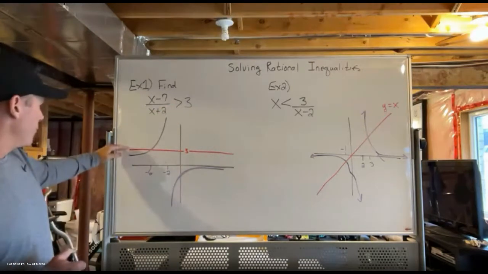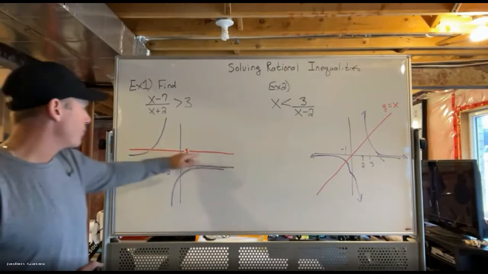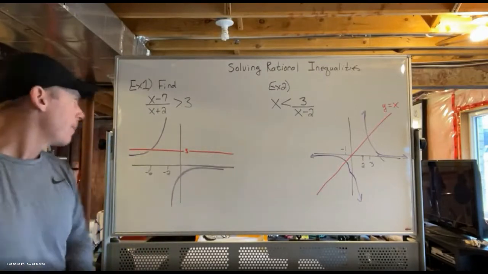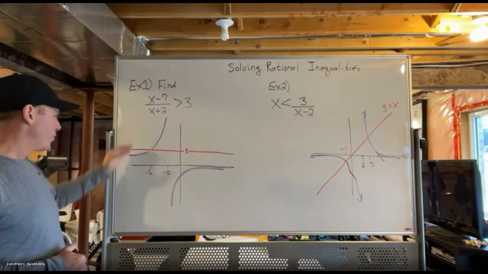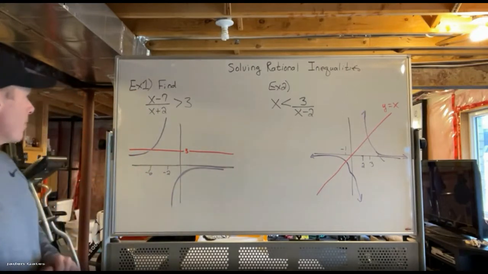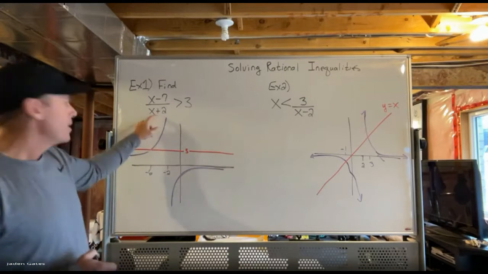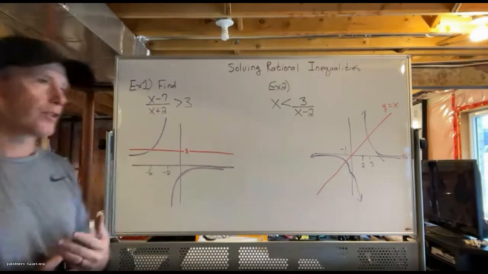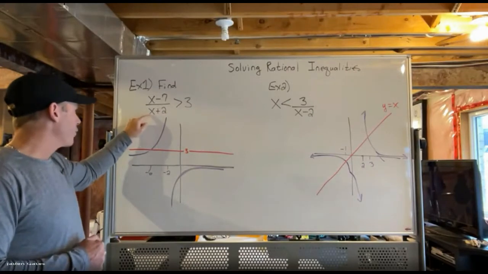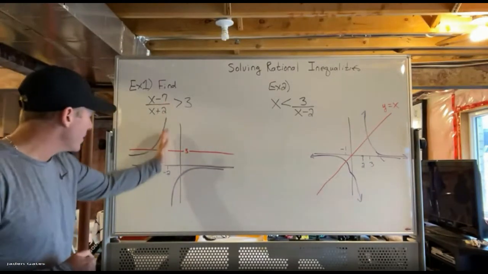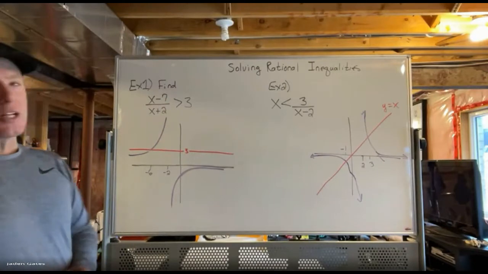Now, the greater than 3 is just saying a height of 3, which I've drawn in here as a red line. The function (x - 7)/(x + 2) is what I've got drawn in purple. Tying into what we've been doing with vertical asymptotes, this function does have a vertical asymptote at x = -2.